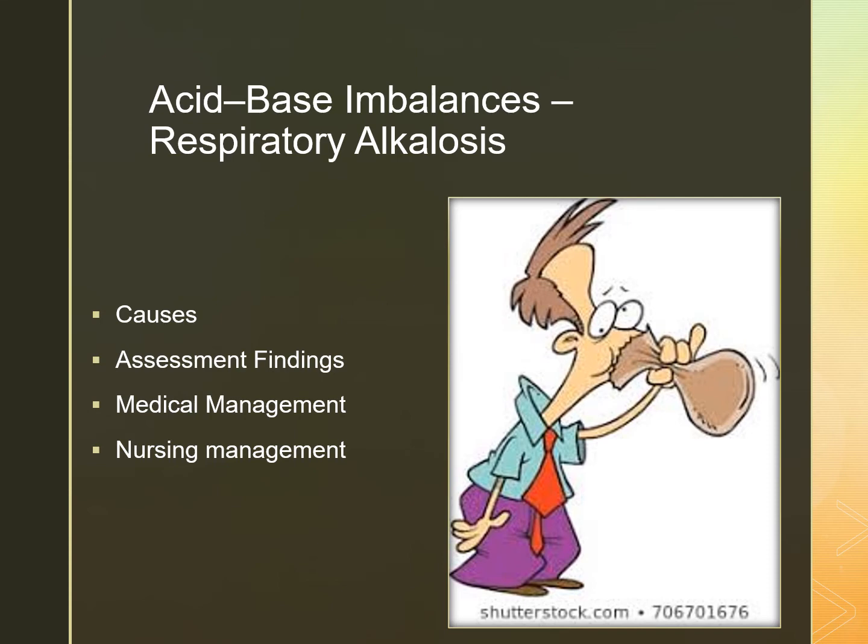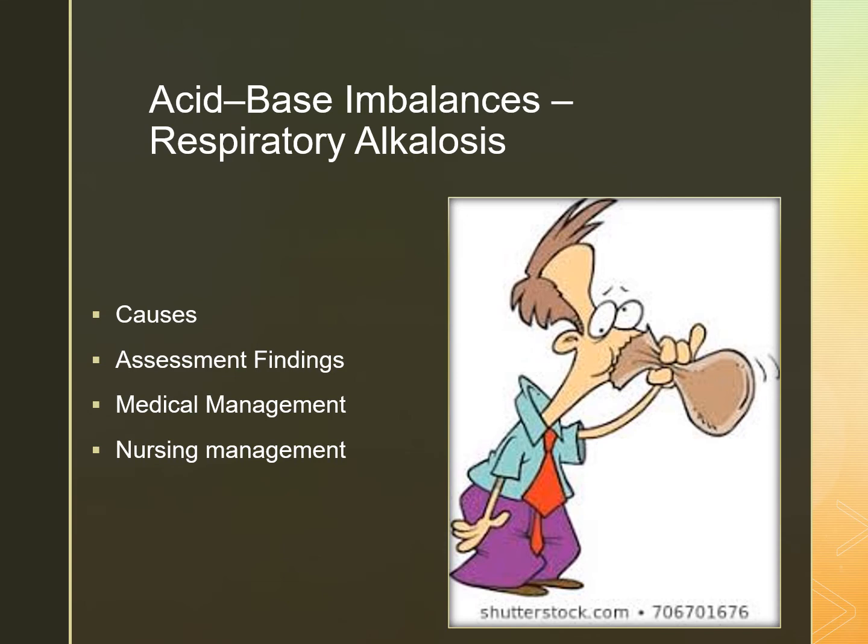It's caused by anxiety, fear, an overactive thyroid, aspirin poisoning, and mechanical ventilation. These clients have an increased respiratory rate, lightheadedness, numbness and tingling of the fingers and toes, those paresthesias, sweating, and panic.